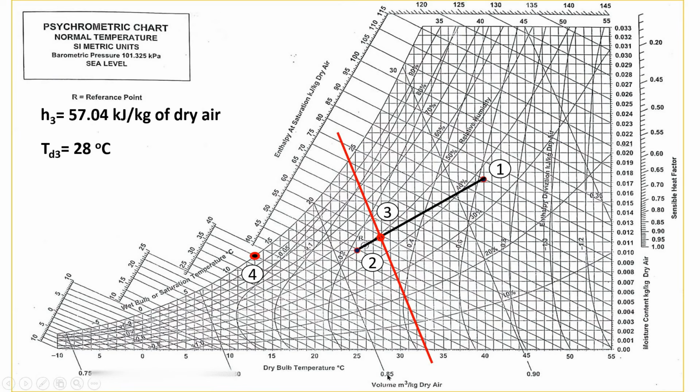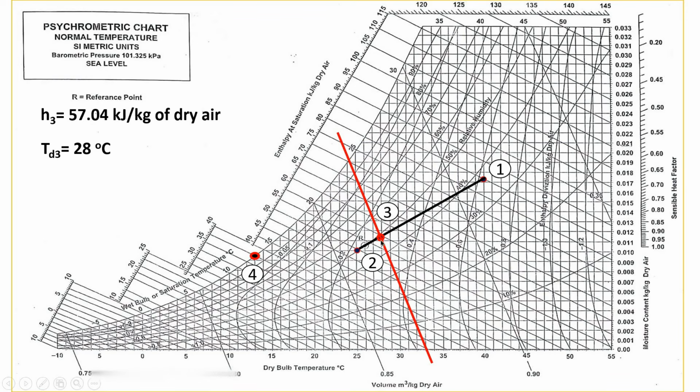Here for this line it is 0.85 and for this line it is 0.90. This line is not exactly at the midpoint, so it is slightly on the left side. If this line were at the middle of these two lines, then it would be the average of these two values, that is 0.875. But here it is slightly on the left side, so we can say its value is 0.86 meter cube per kg of dry air.